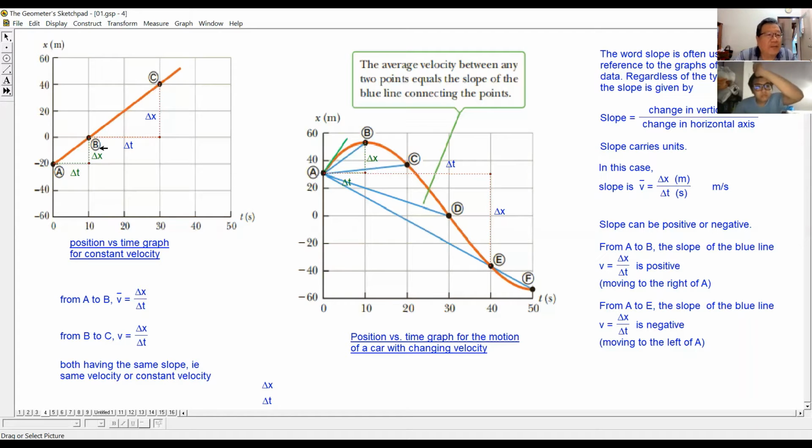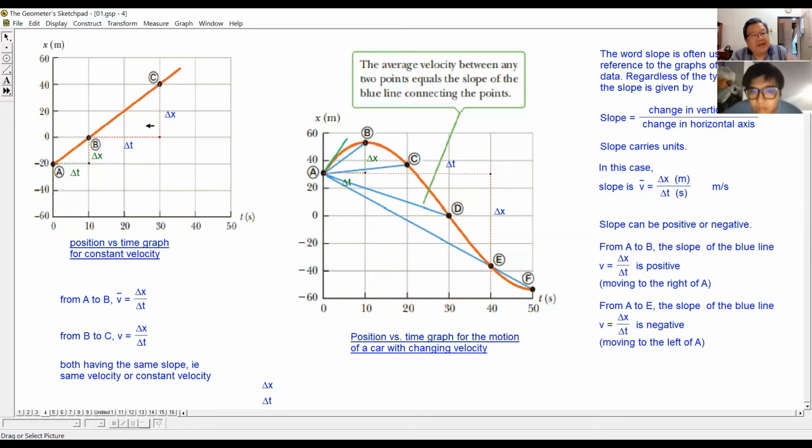Now, from B to C, the change in position, the delta x, is here, and the difference in time, the time interval delta t, is here. So when we use delta x over delta t, we are actually finding the slope of this line BC.